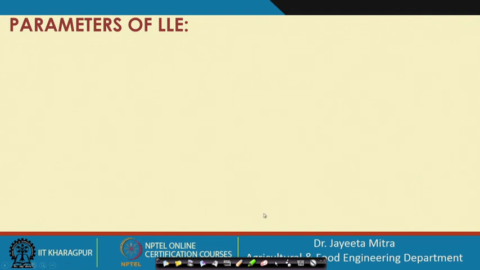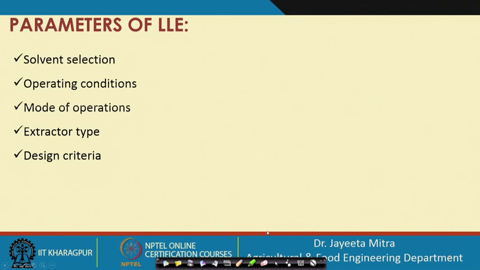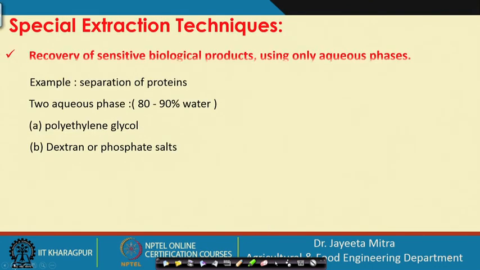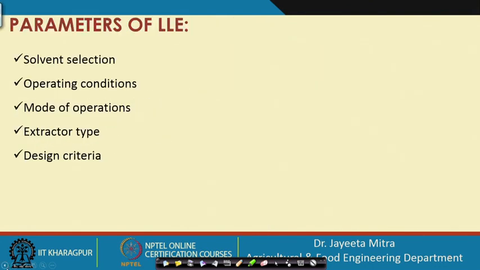So, parameters of liquid extraction. First is the solvent selection. Solvent selection, as we have seen, is very important, because in liquid extraction two liquid phases are there.